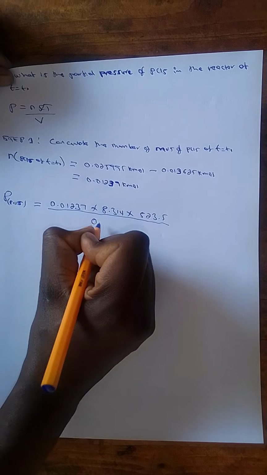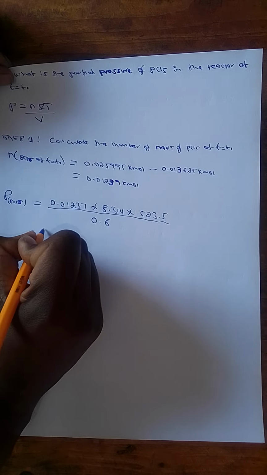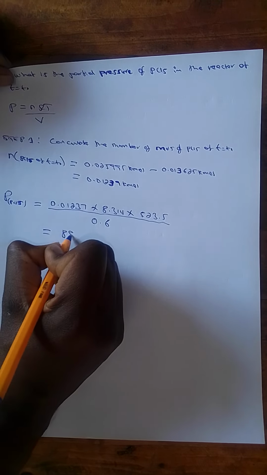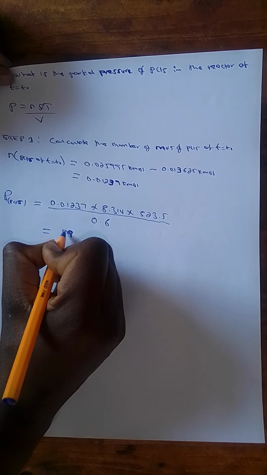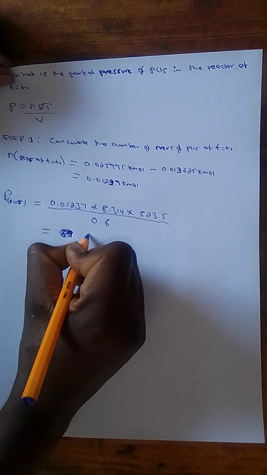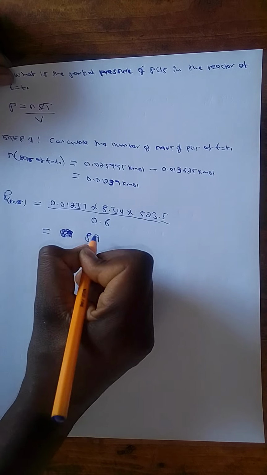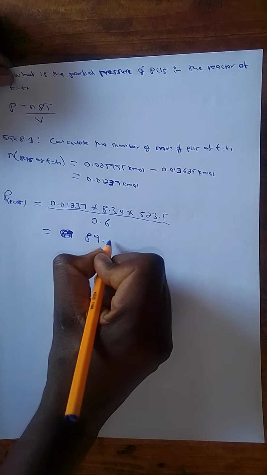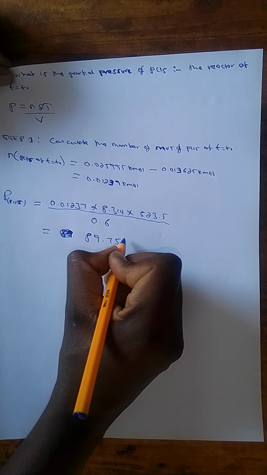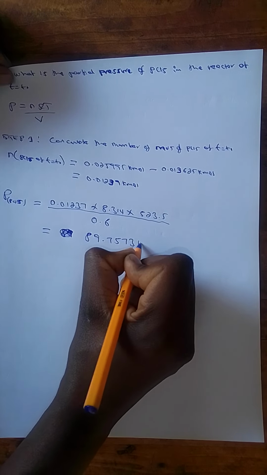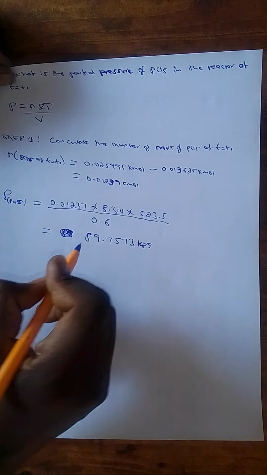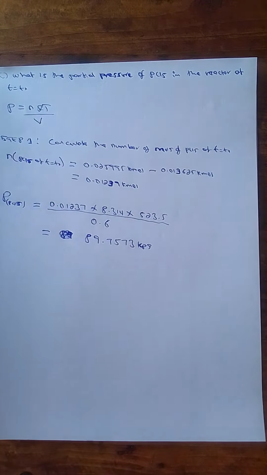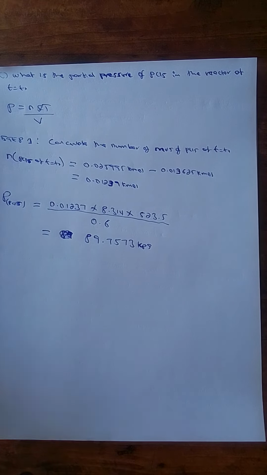It's a constant volume reactor, so it's still 0.6, and if you use your calculator, it gives you 89.7573 kilopascals. Sorry, my hand is tired, that's why I can't write properly. This is the partial pressure of PCl5, the pressure in the 0.6 meter cubed reactor as a result of PCl5 at t equals T1.